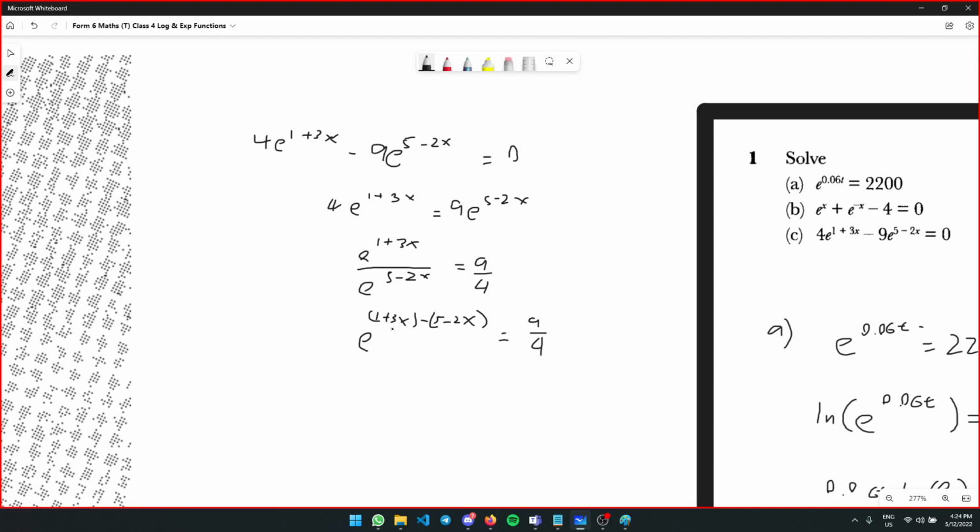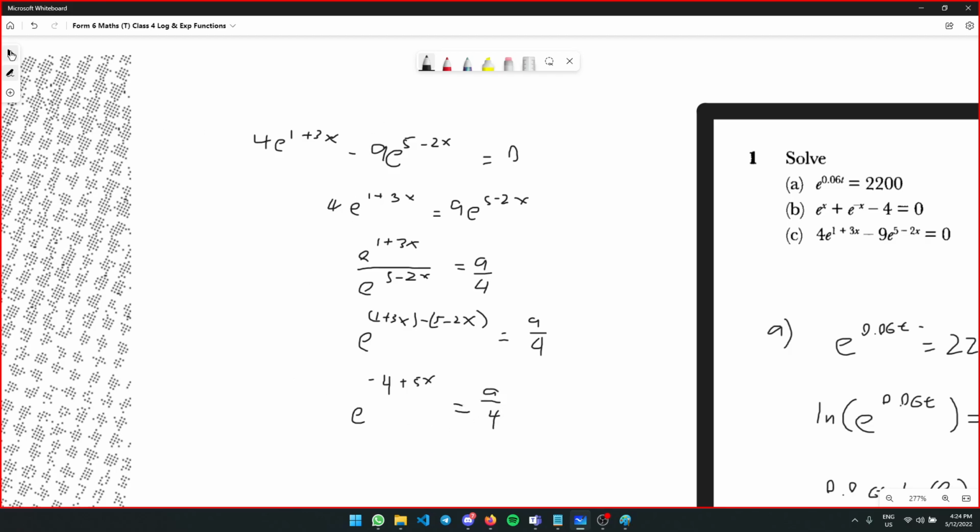You'll be left with negative 4, and plus this plus that, you get plus 5x. So e^(5x-4) equals 9 over 4.